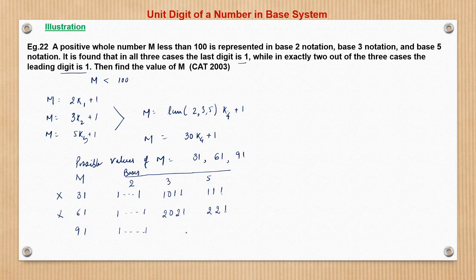For 91 we will check. 3 30s are 90, 3 10s are 30, 3 3s are 9, so 10101. For 5 we will see 5 18s are 90, 5 3s are 15, 3.